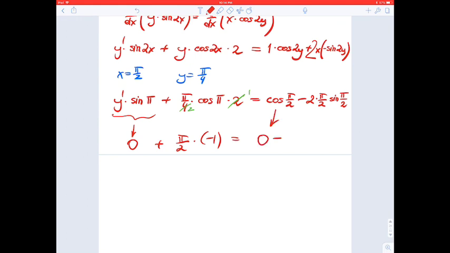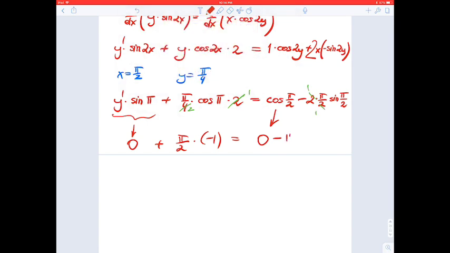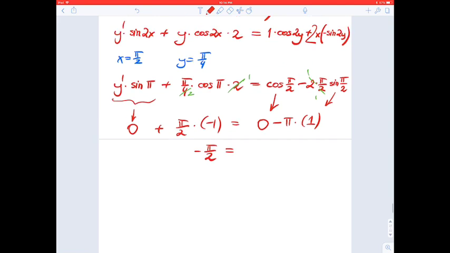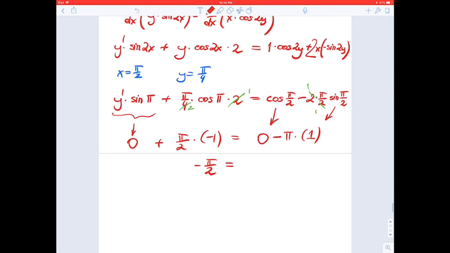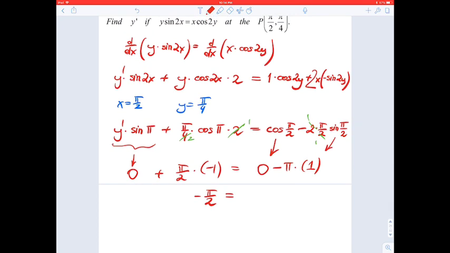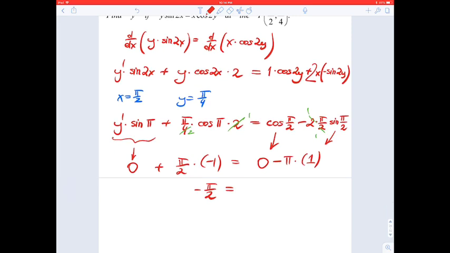Cosine at pi over 2 is 0. 2 and 2 is gone. Yeah. And then negative pi and sine at pi over 2, it's actually 1. So what we have? We do have negative pi over 2. Oh, did I lose my... Oh, is something wrong? Of course it is. Too many problems.